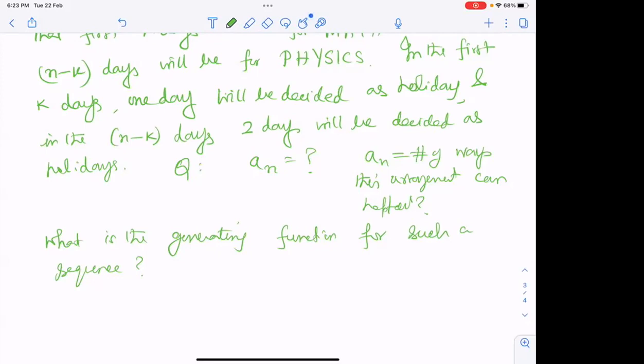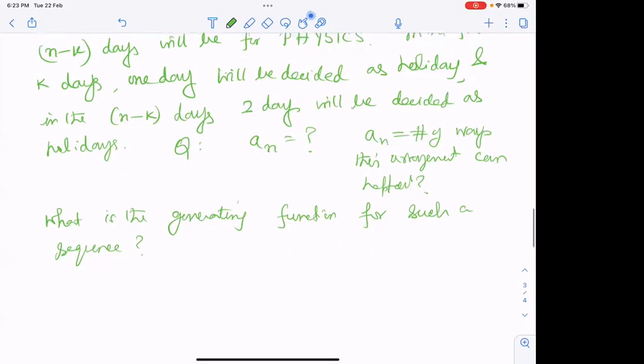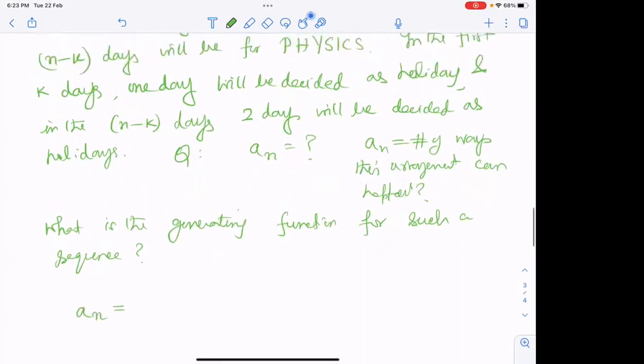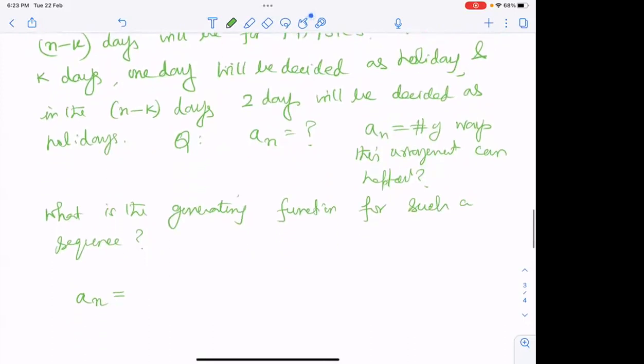Is the problem clear? You will see in the example what we are doing. So what is an? In the first K days, you can choose holidays in K choose 1 ways. And in the next n minus K days, you can choose holidays in n minus K choose 2 ways. And K should start from at least 1, right?